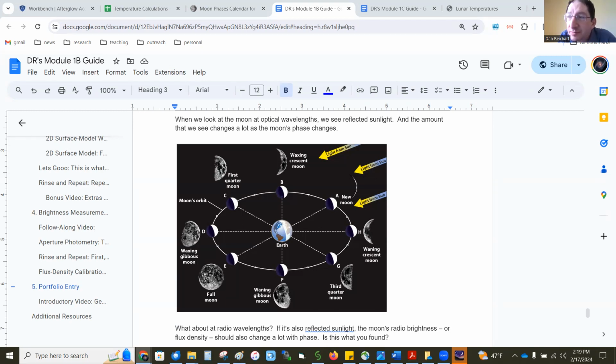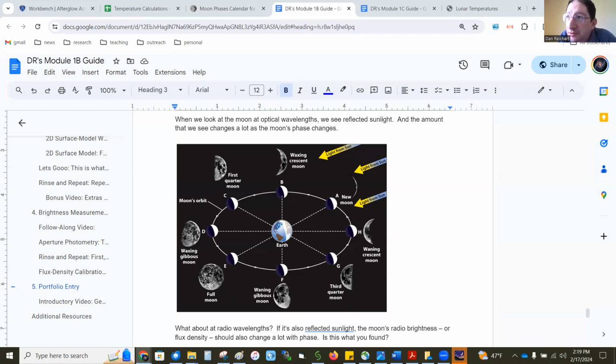If you go just a little bit down, the temperature stays pretty uniform, and the same is true for the moon. So if your measurement of the brightness is not varying, other than the distance effect, then you're measuring the temperature of the moon on two occasions. You're using the radio telescope as a big thermometer.